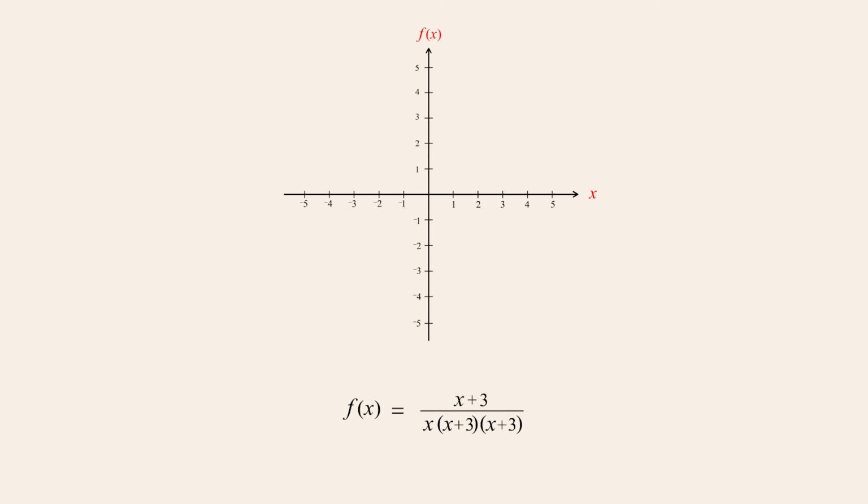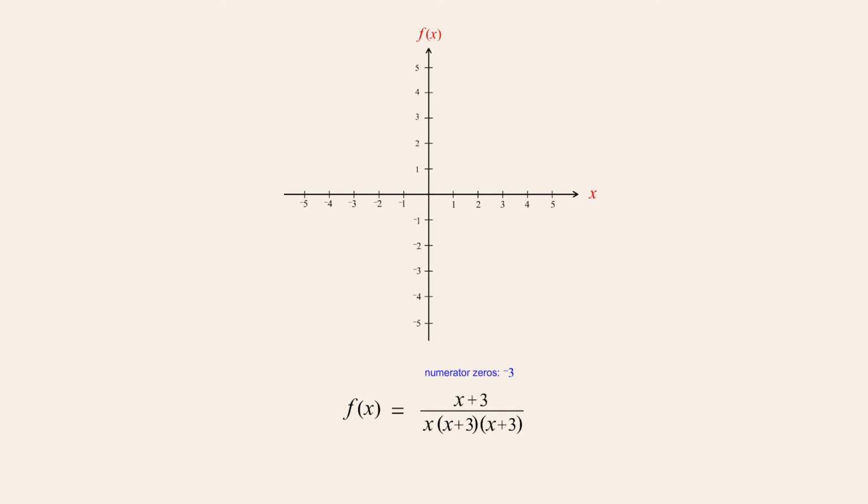We can now identify all the numerator and denominator zeros. When x is -3, the numerator is 0, so the numerator has a 0 of -3. Likewise, in the denominator, x values of 0 or -3 will cause the denominator to be 0.